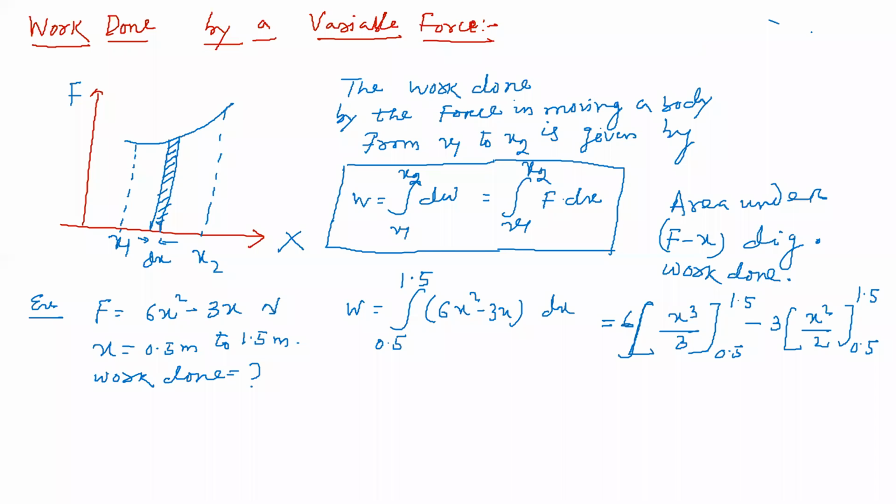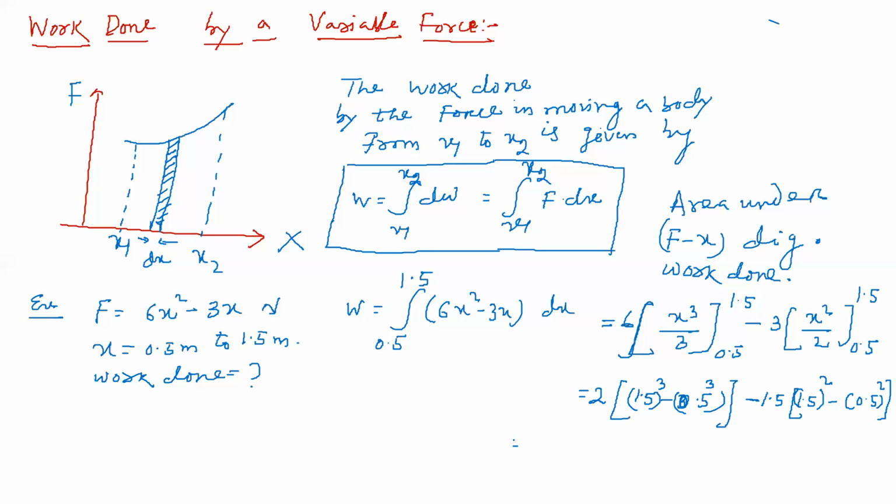Next, 6 by 3 is 2, so 2 comes out. x cubed means 1.5 whole cubed minus 0.5 whole cubed. Minus, again, 3 by 2, that is 1.5, into 1.5 squared, higher limit, minus lower limit 0.5 squared. Yes or no?